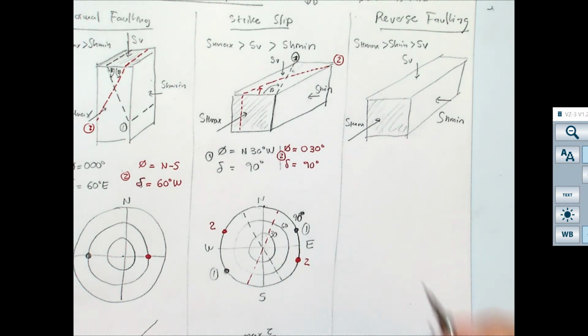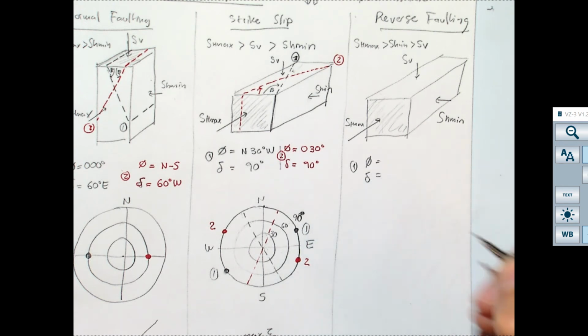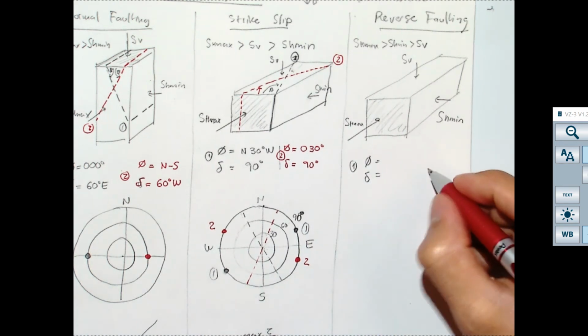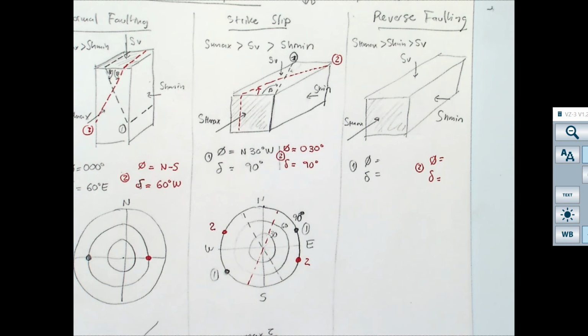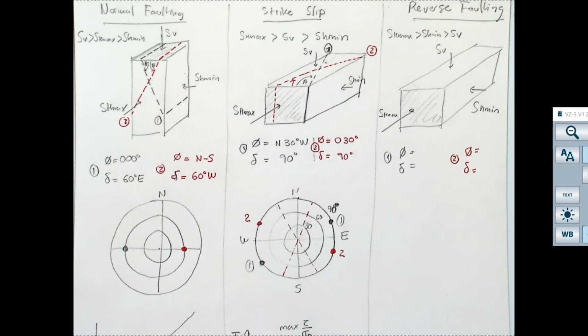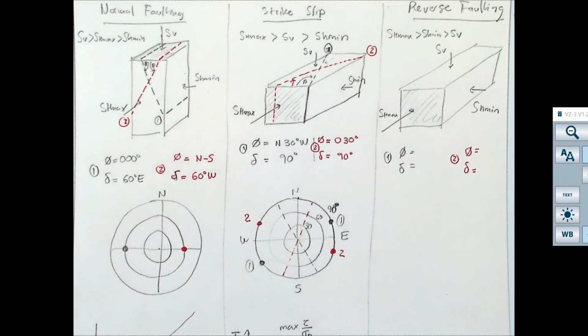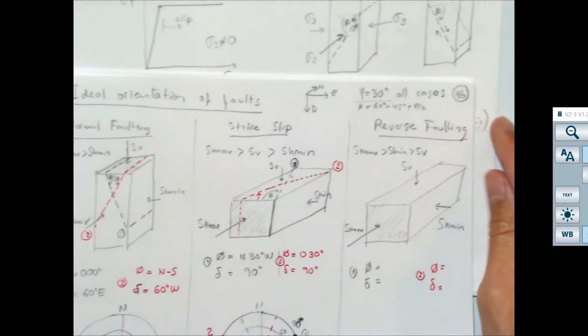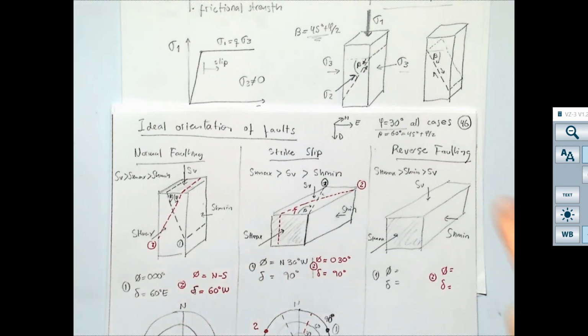So tell me what is the strike of the two and dip of the two possible faults. And again, the only thing that you have to do is to apply this rule to that one, and that's it.